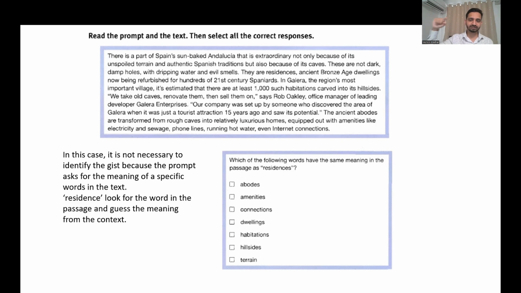That's not residence, so you can eliminate that. And terrain is basically the physical structure of the land, and it's describing the terrain as unspoiled terrain, where it's basically the geographical location of the area. Okay, so that cannot be residence.